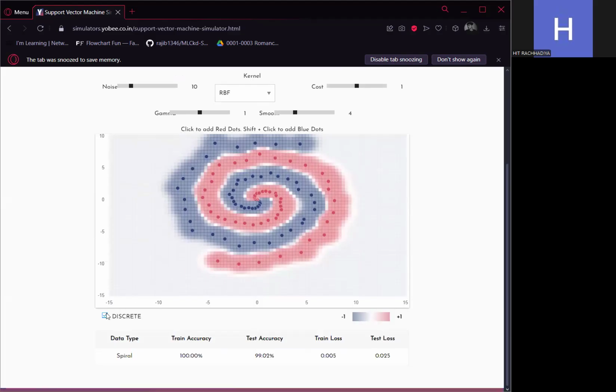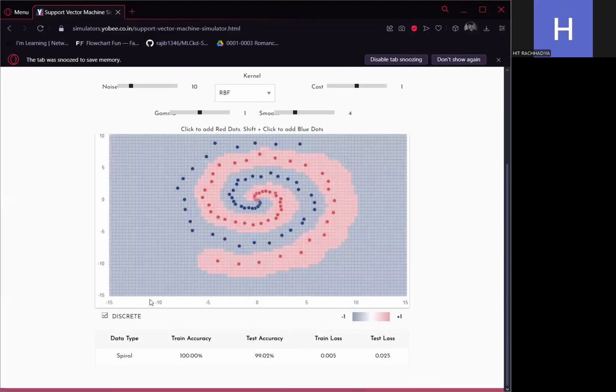When we put it to discrete, it gives us this type of classification in which only this portion will be in the red class, and all others are in the blue class.